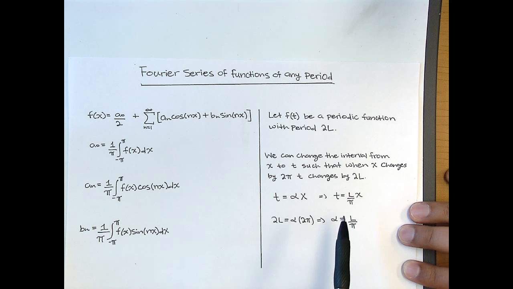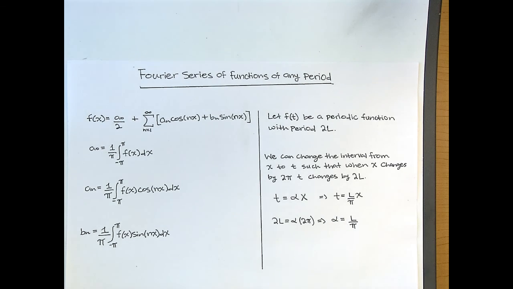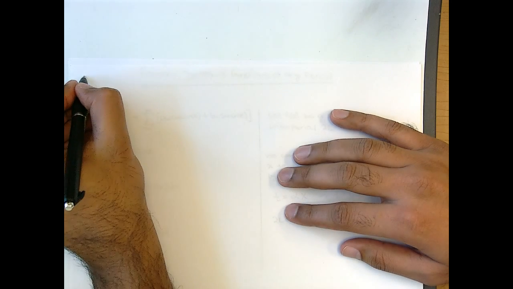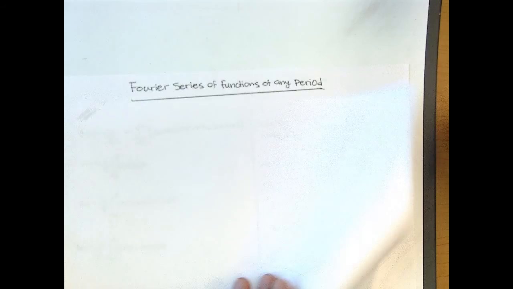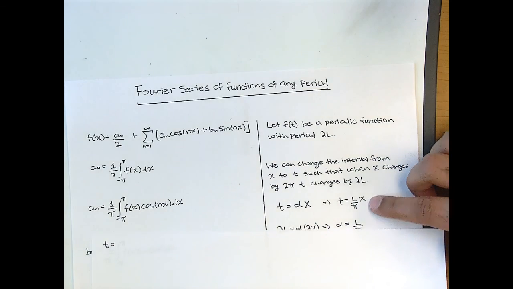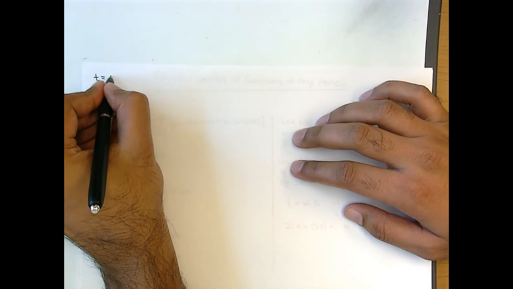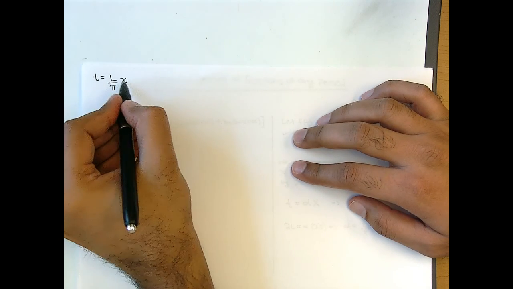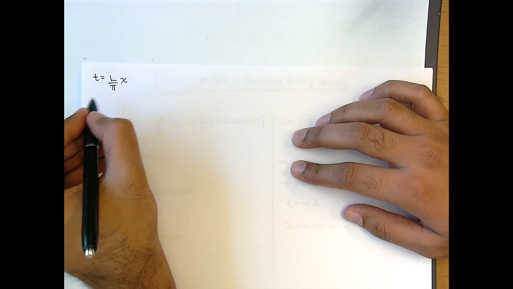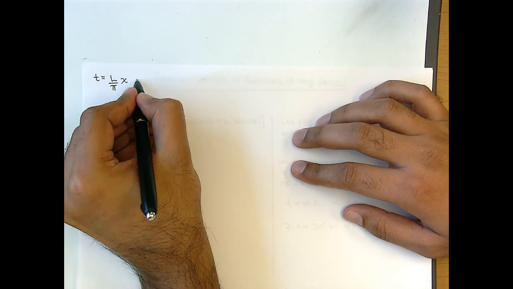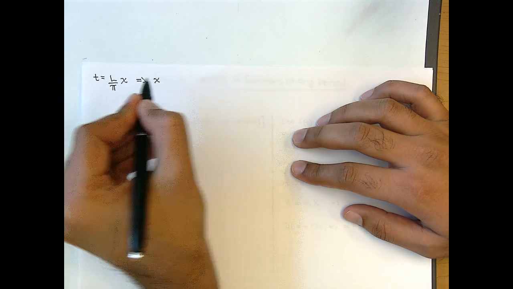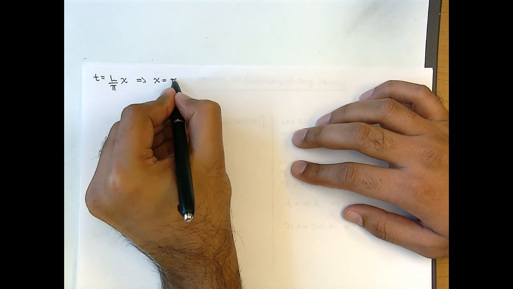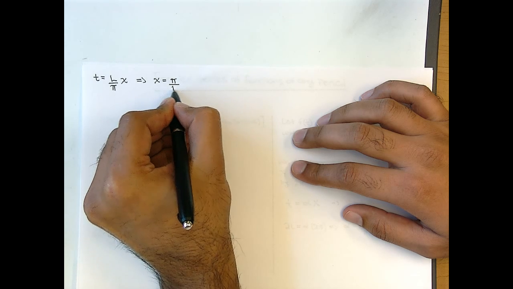So in this case, t is equal to L over pi x, and we just need to change the variable. If we solve for x, x is just going to be pi over L t.